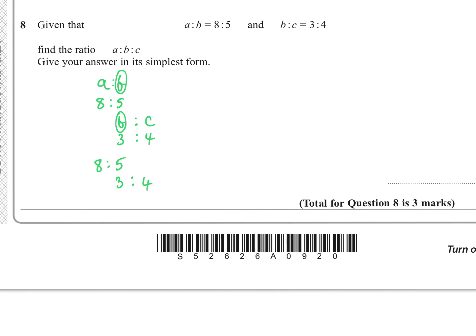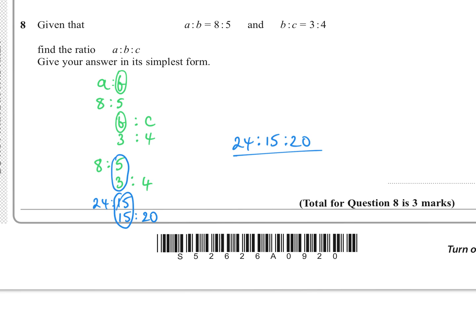And the nice thing is, if we look at the lowest common multiple of 3 and 5, it's 15. So we've almost got to times the top one by 3, and we'd get 24 to 15, and the bottom one by 5, and that would give us 15 to 20. So these then match, and then we'd get our answer, which is 24 to 15 to 20.